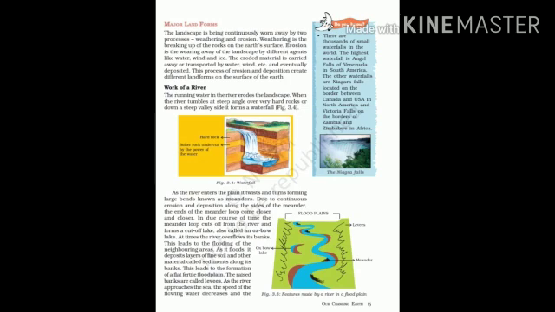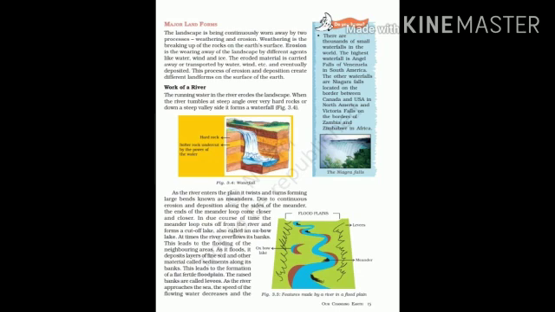Works of a river. The running water in the river erodes the landscape when the river tumbles at a steep angle over very hard rocks or down the steep valley side. It forms a waterfall. See figure 3.4, how the waterfall is made.